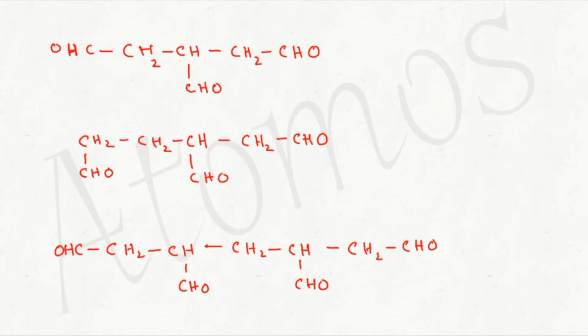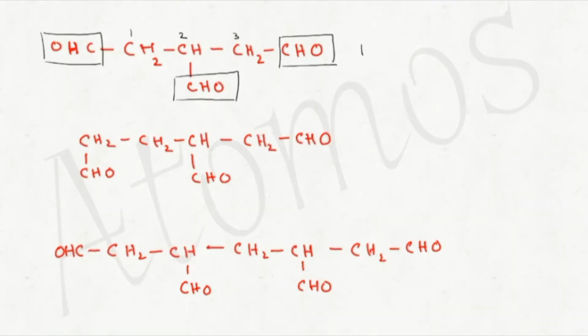That means the longest carbon chain will be like this. So, we won't consider this aldehyde group. We are excluding these 3 aldehyde groups. As the longest carbon chain contains 3 carbon atoms, the root word will be prop, but we will write it as propane. Now, how to name this aldehyde group?